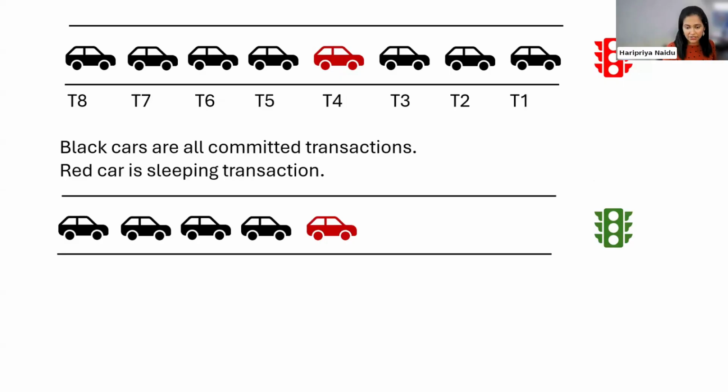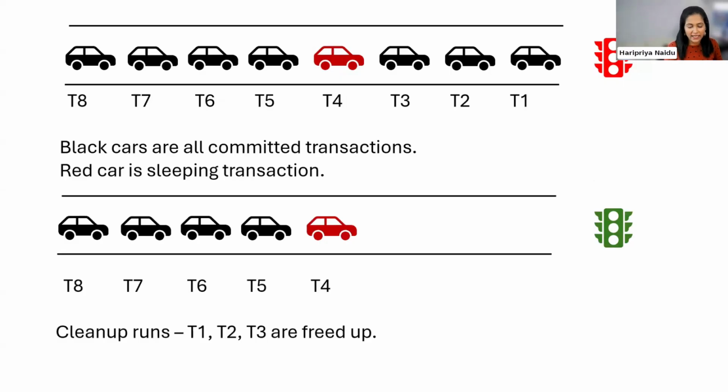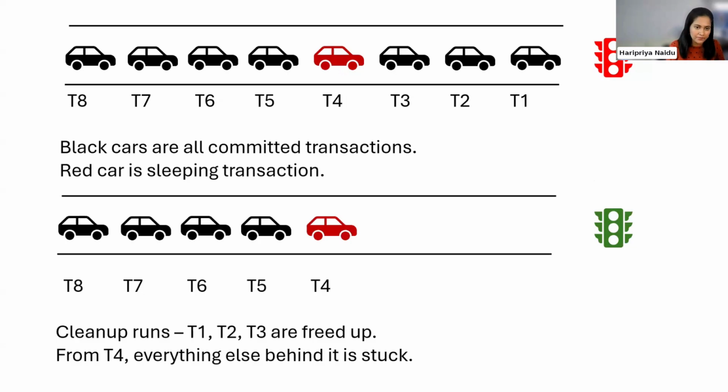The first three transactions are good to move because there's nothing stopping them, just like how I explained. But now that the T4 transaction is sleeping, none of the other transactions can move. Everything else behind it will be stuck.